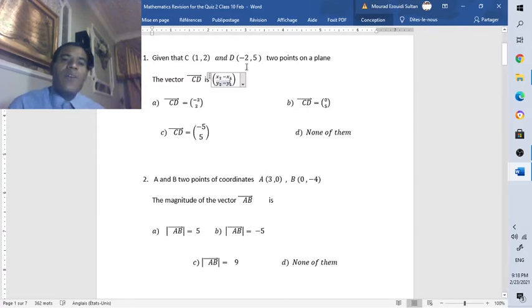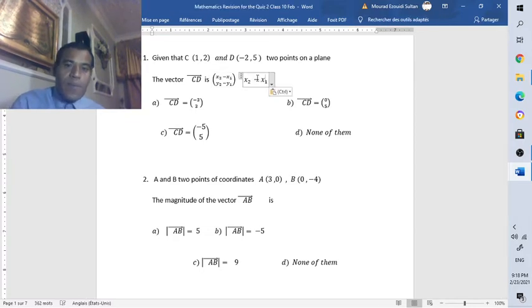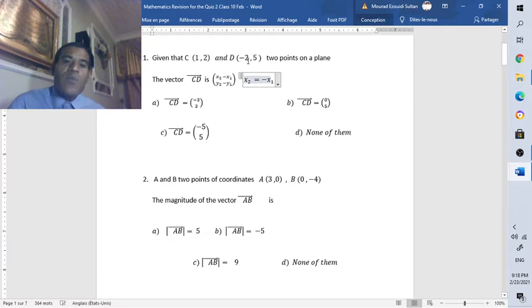Okay, here my learners, you can see that x2 is equal to -2. Then we have x1 is equal to 1.